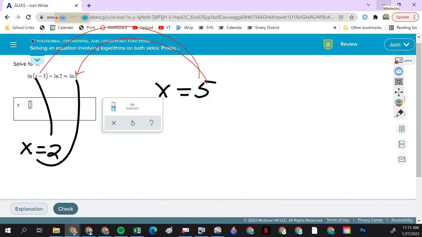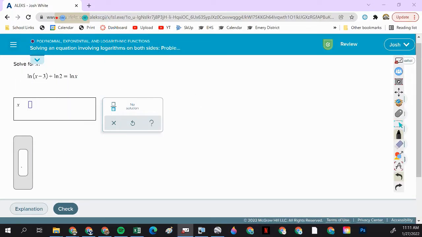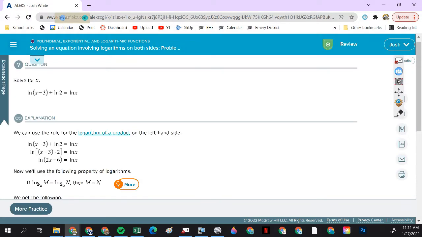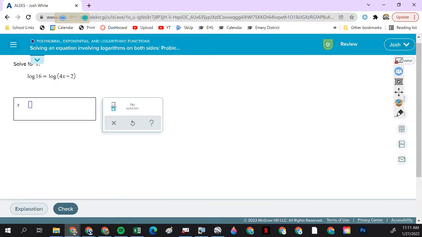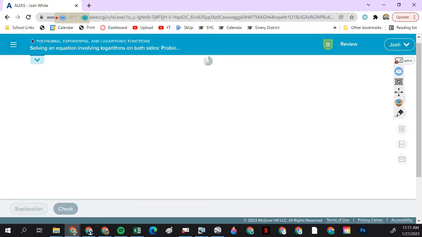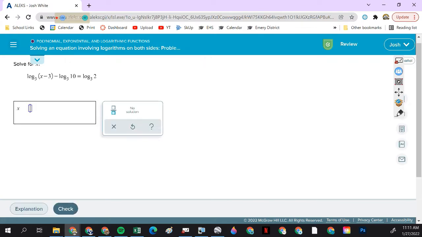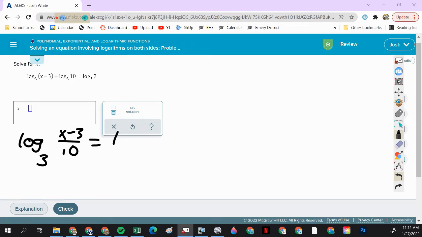Okay, so let's do one more of these. Not that one. That one's too easy. Here we go. So log base 3 of x minus 3 over 10 equals log base 3 of 2.